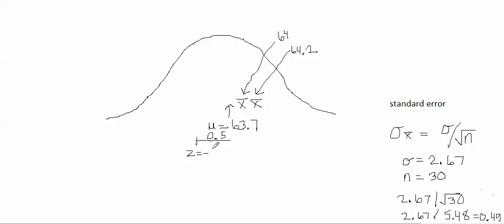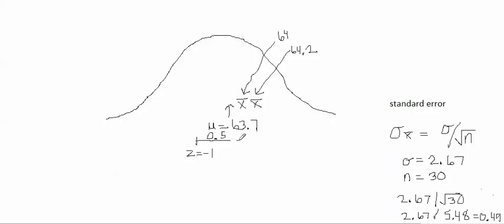Remember when we talked about the z-scores of individual people, it was the number of standard deviations below the population mean. Now we're talking about the z-score of a sample mean, which is the number of standard errors that the sample mean is below or above the population mean.